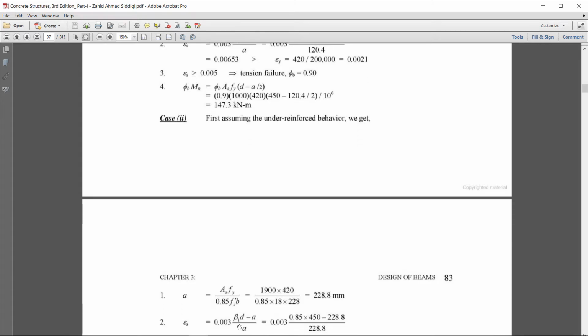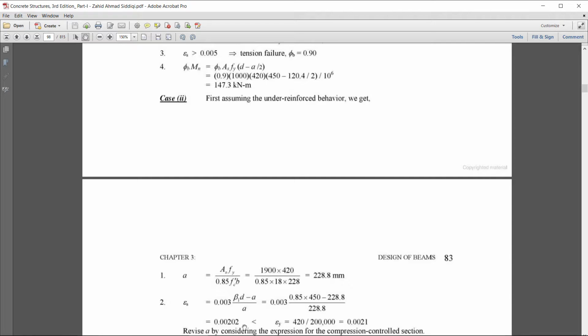Here is the strain in steel formula with beta 1 and d. I have put the values, and you will get the strain value 0.00202, but the yield strain is 0.0021. Our strain in steel is less than yield, meaning that it is an over reinforced or compression control section.